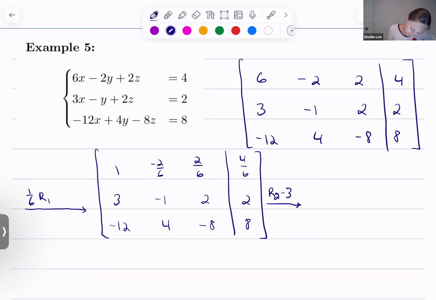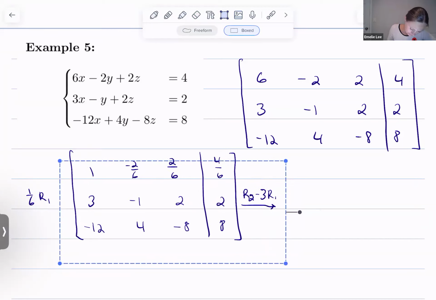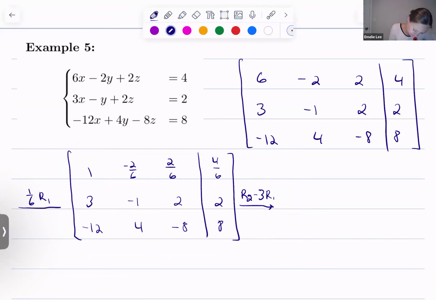What am I going to do to row 3 while I'm at it? Row 3, -12 plus 12 times row 1. So row 3 plus 12 times row 1. Let's do it.